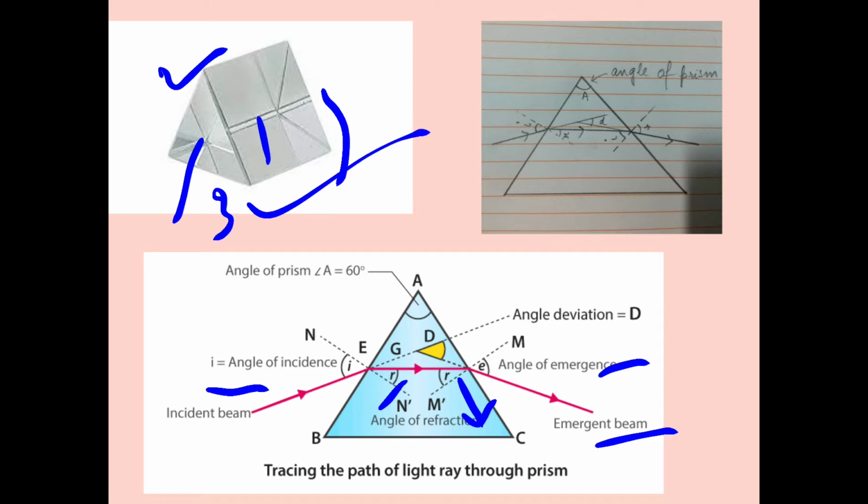When we continuously draw the dotted line like this inside the glass prism and extend the incident beam, we get the intersecting point here, and we get the angle of deviation. The angle between two lateral surfaces is the angle of prism. This is how we get the angle of incidence, angle of refraction, angle of emergence, and the angle of deviation, with the help of our incident beam and emergent beam.